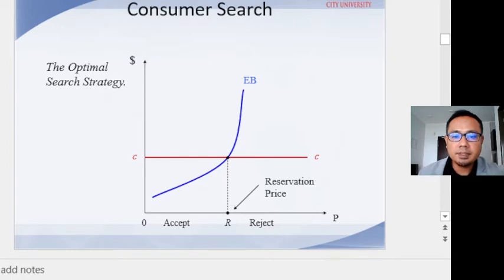So this example reveals that the expected benefit of searching depends on the lowest price found during the previous search. So if the lowest price is P, let's say the expected benefit EB for searching for a price lower than P slopes upward. Okay.